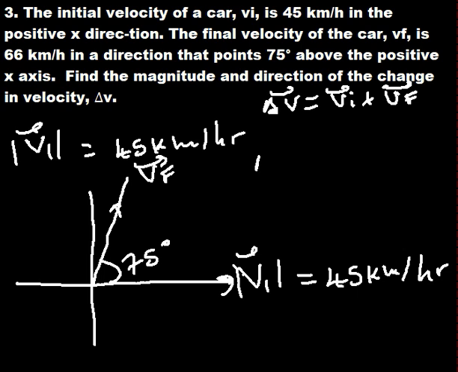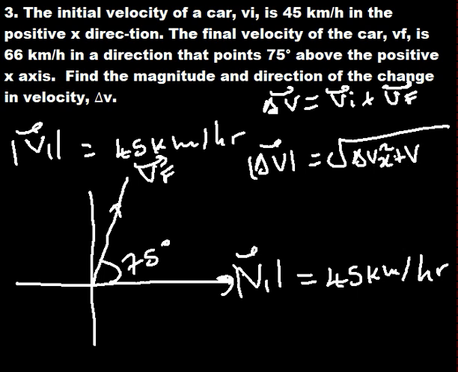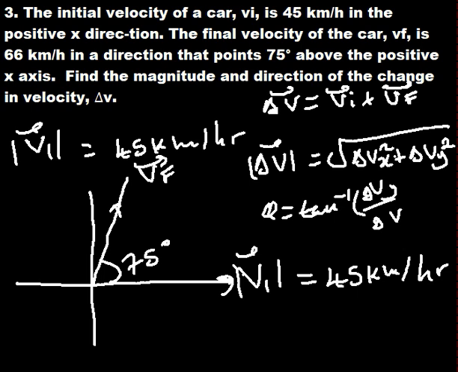Which means the magnitude of delta v is given as the square root of delta vx square plus delta vy square, and the direction, which is theta, will be given as the tan inverse of delta vy divided by delta vx.